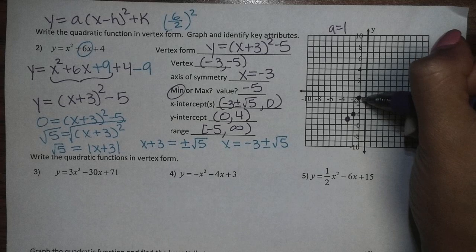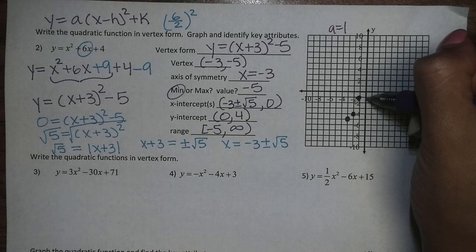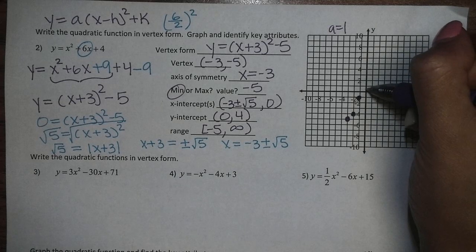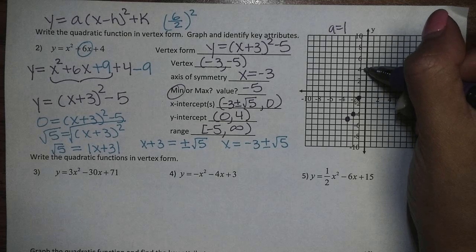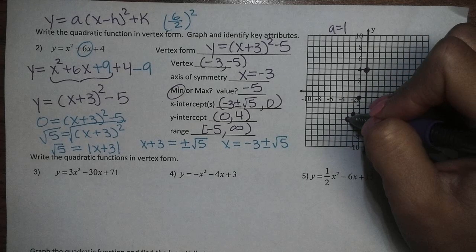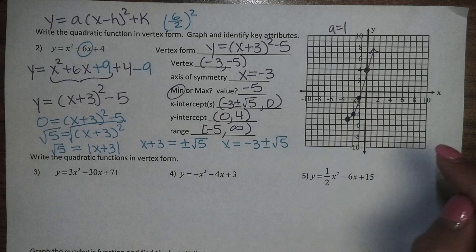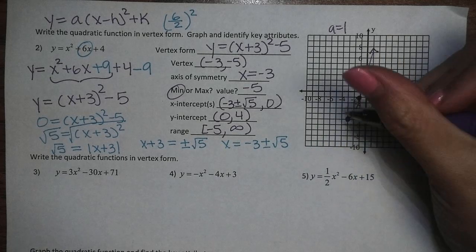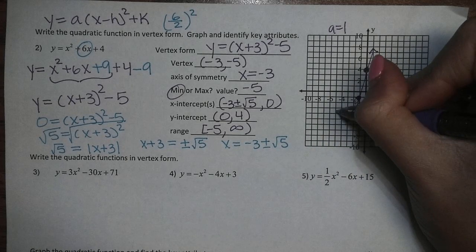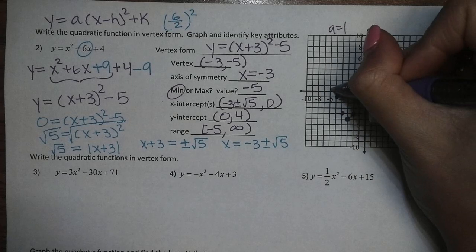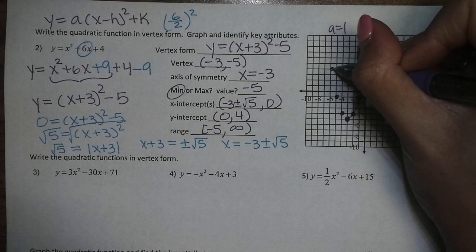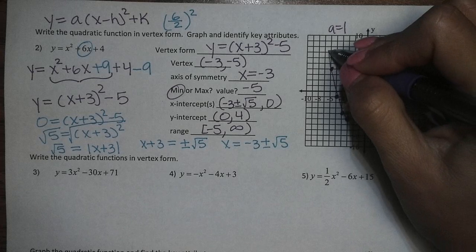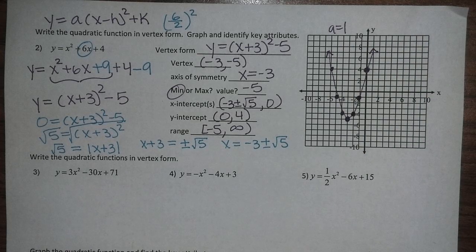And from this point, I'm going to go over 1 and up 1 times 5. So 1 times 5, 1, 2, 3, 4, 5. And that's the right y-intercept. Connect. The left side of the vertex should just be symmetrical. So you can just graph it symmetrical. And that's how you graph that parabola.